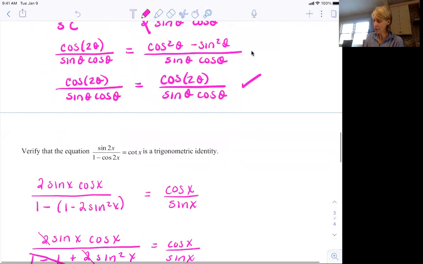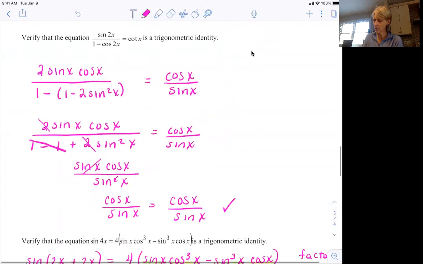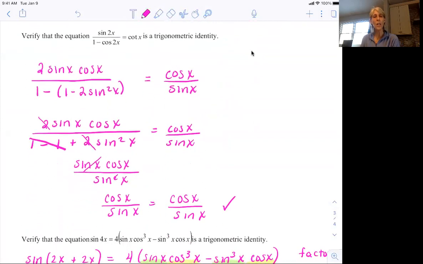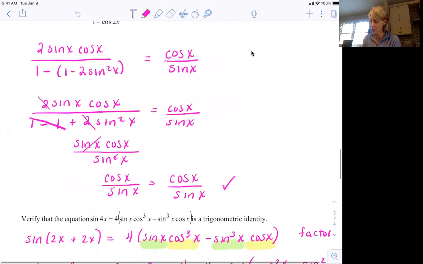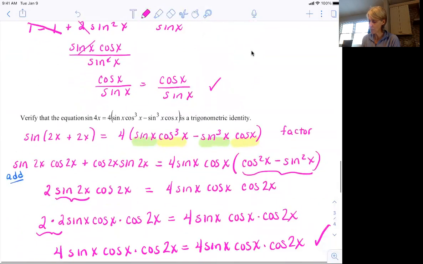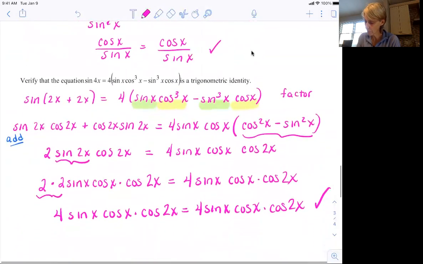I did work out the rest of the examples on the page for you, and you could hopefully try to work on them on your own, watching your math very carefully. This last example here, this is a very difficult problem.